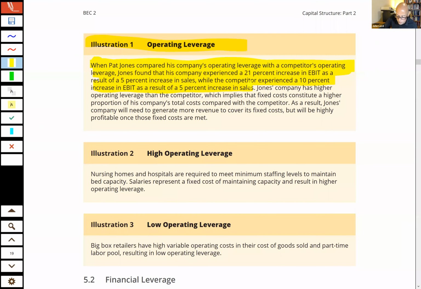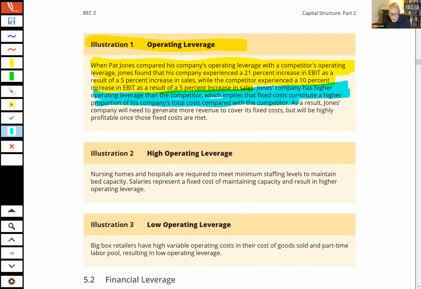So Jones Company has what? Jones Company has a higher operating leverage than the competitor, which implies that fixed costs constitute a higher portion of the company's total costs when compared to the competitor.